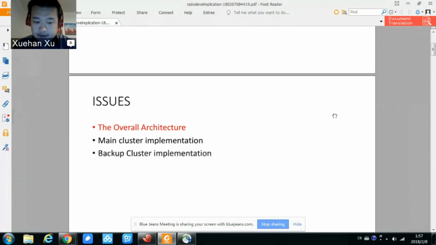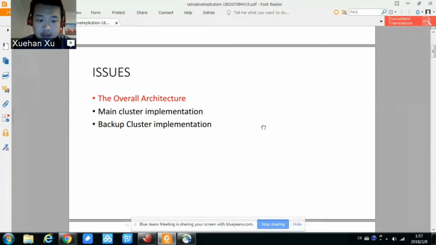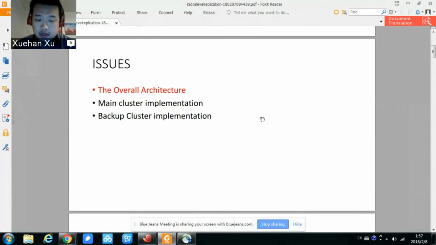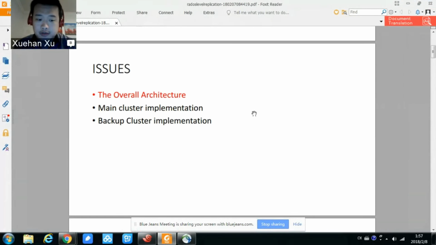There are three issues in my sharing today, and the first is a review of the overall architecture of the Redis level replication that we concluded from previous CDMs, and then I think we can go into some details of the implementation.